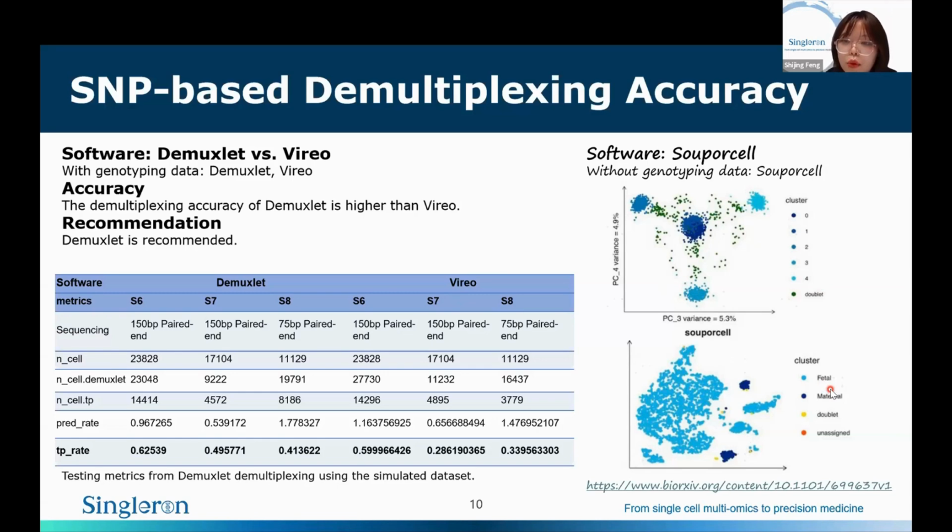And then with the help of the gene expression or the cell type markers, we are going to know which cell clusters are fetal and which are maternal, because the cell types and gene expression patterns of some specific genes would be very different in fetal and maternal cells. But still, because we want to know which cells are from which sample, we still recommend using the genotyping data with demultiplexing for demultiplexing.